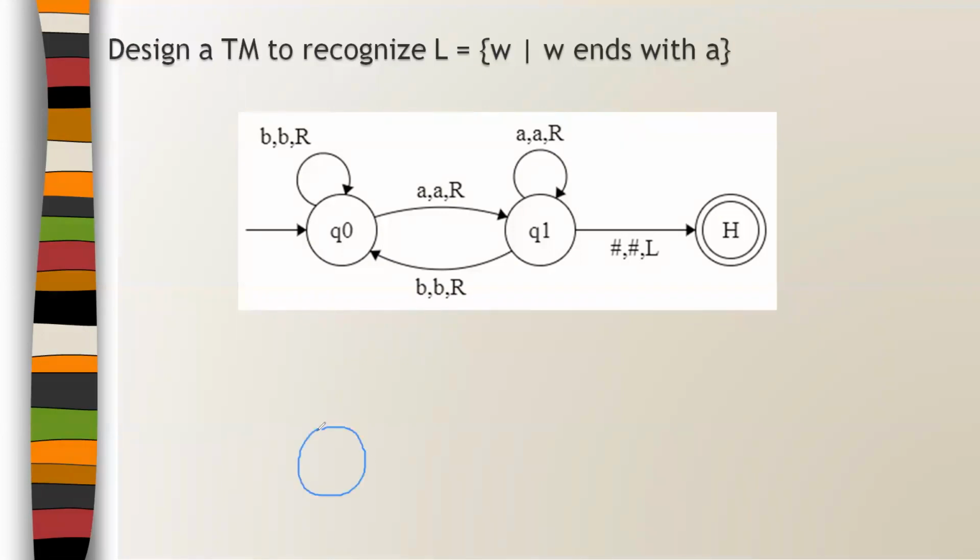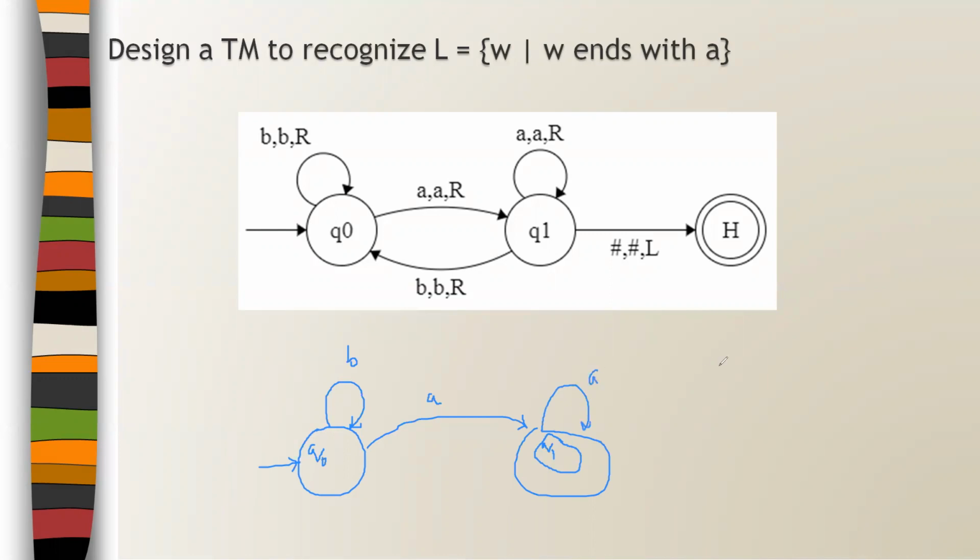Suppose you are in the initial state, Q0. After reading B, you move to the same state, and on reading A you move to another state. On input A, you move to state Q1. The condition is that the machine must end with A, so this will be the final state. After reading A, if there is another A, you write a loop here.